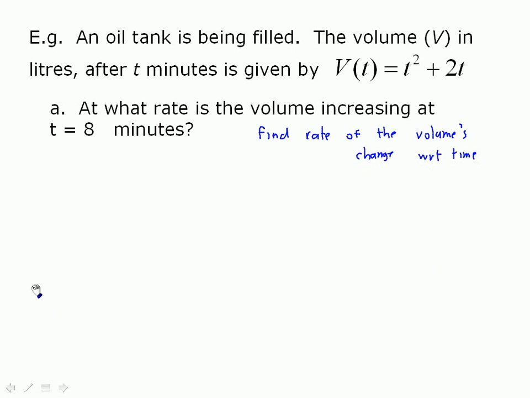So for A, V prime at t, we can't assign a word for it like we can with motion problems, just the rate of change. So the derivative of this function would be 2t plus 2. And at t is equal to 8 would mean V prime at 8 is equal to 2 times 8 plus 2.